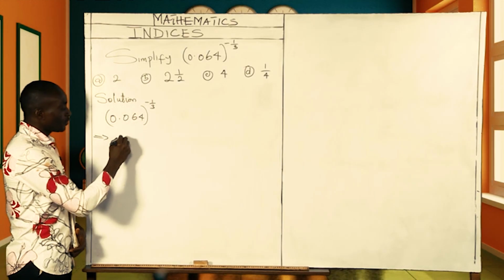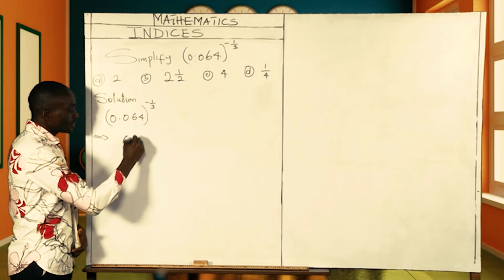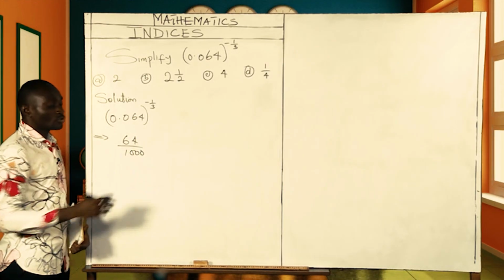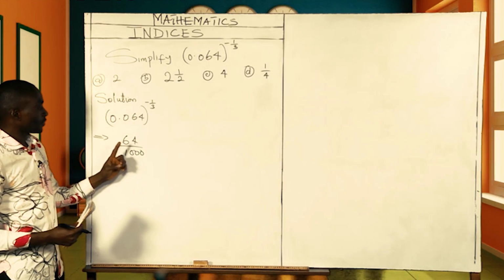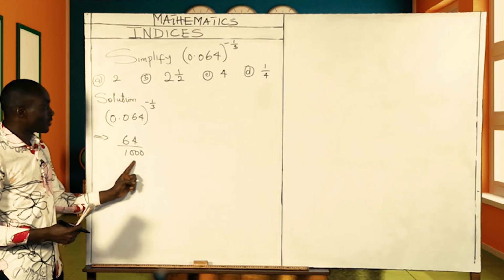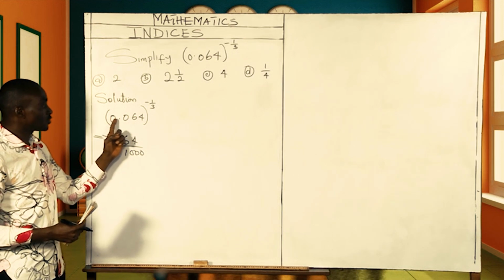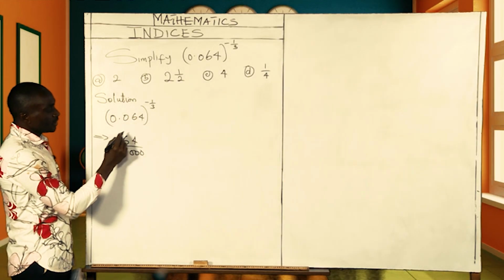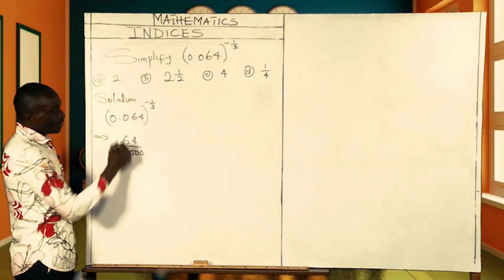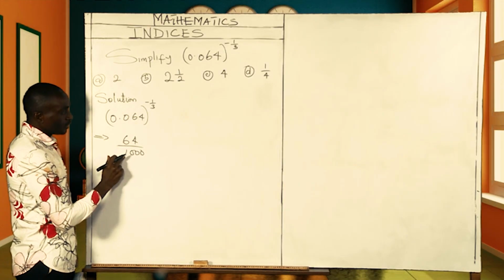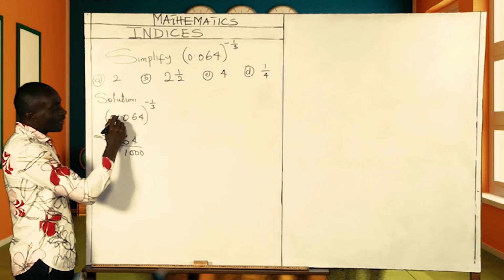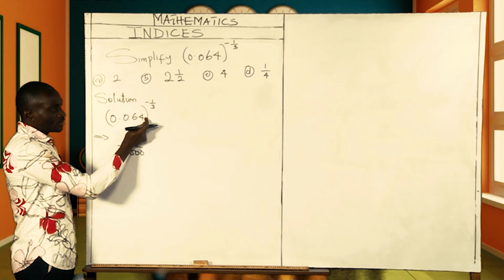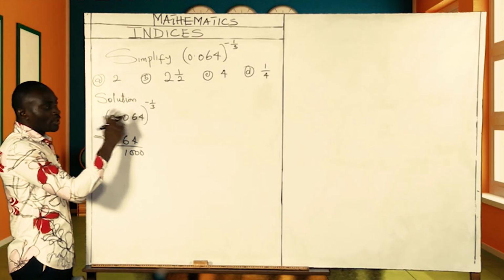This 0.064 will give us 64 over 1000 when we change it to a fraction. Or you can just say this is divided by 1, and you shift the decimal point to make 64 a whole number.